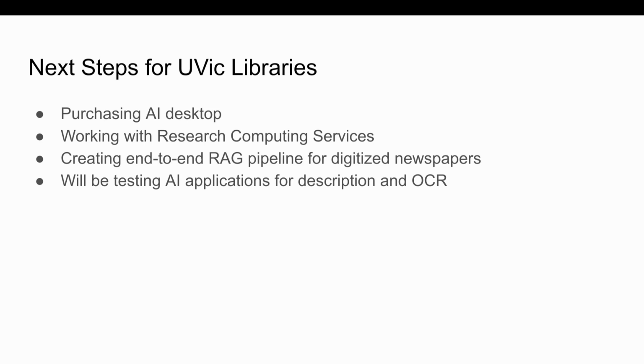So our next project is to look at a much larger corpus of information, about 100 years of digitized newspapers from locally in Victoria, and look at how we can use some AI-powered OCR cleanup tools, and then embed those in a way that we can have a conversational interface so people can query that corpus the way they would use something like ChatGPT.